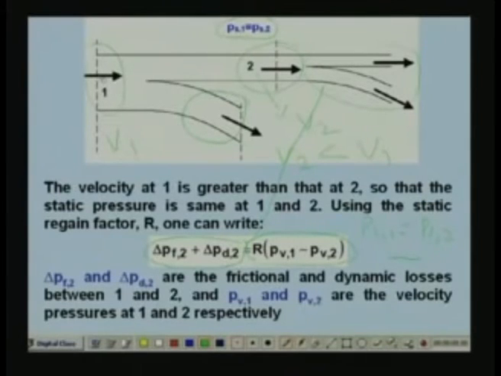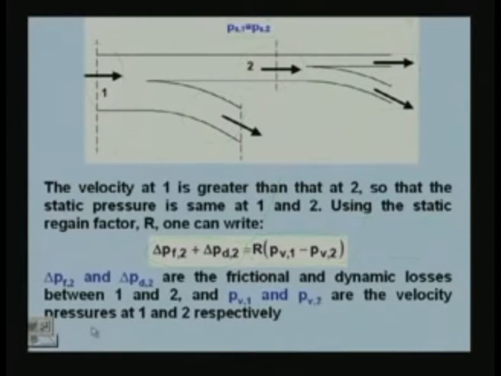Okay. So, you keep the static pressure here equal to static pressure here. Similarly, if you have further branches and downstreams, again at this point also you have to select these duct dimensions in such a way that the static pressure in the downstream will also remain same as that of the upstream. Okay. So, this is the static regain method.